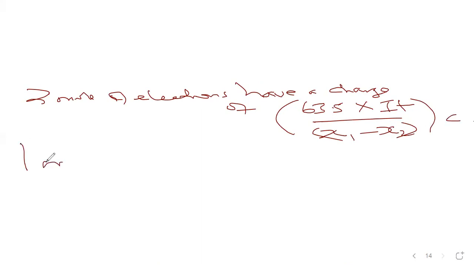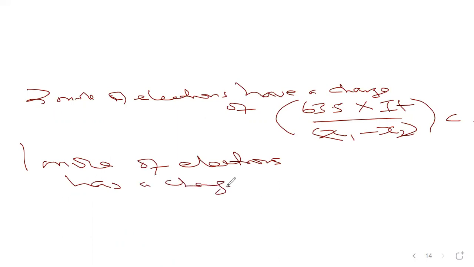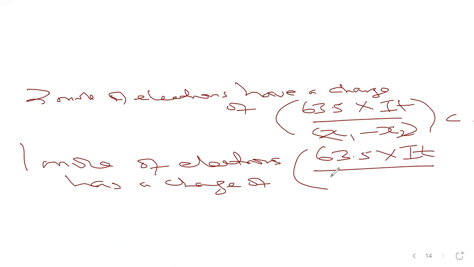How about 1 mole? So 1 mole of electrons will give us the Faraday's constant. 1 mole of electrons has a charge of 1 times this over 2. That will be 63.5 times IT over 2 into X1 minus X2, the whole of this in coulombs.